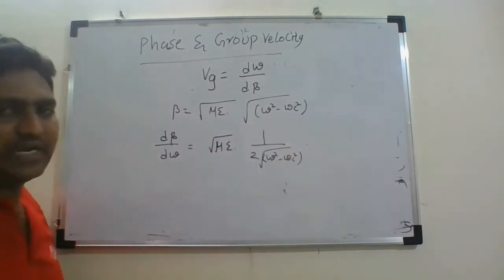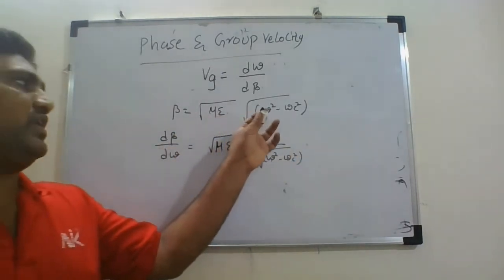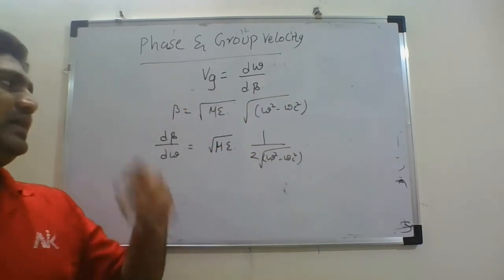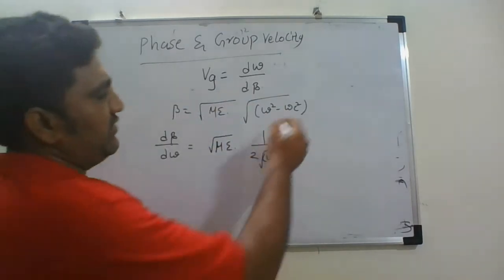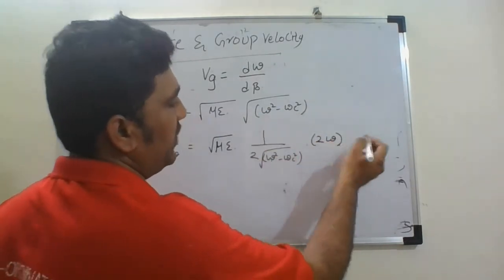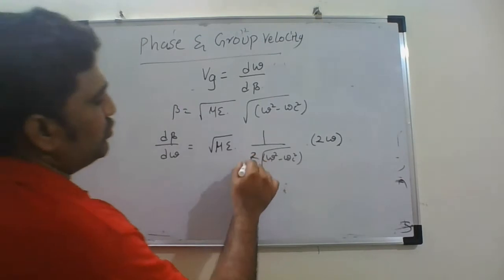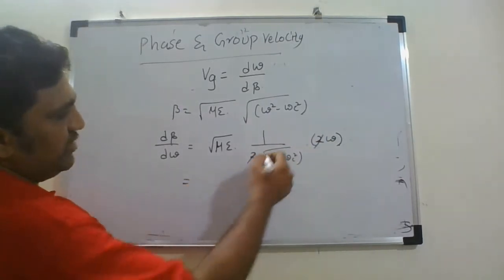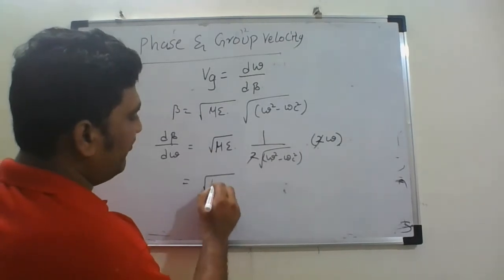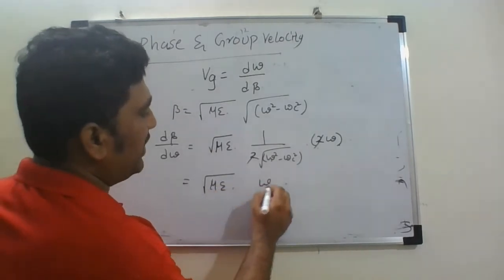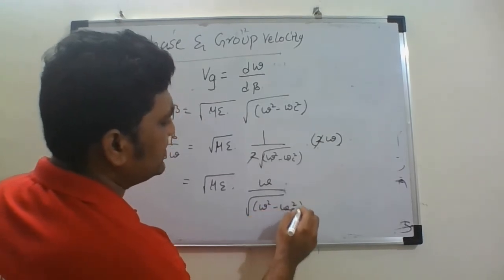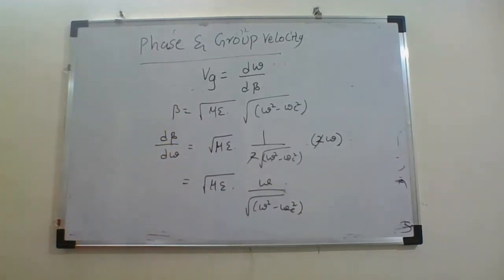Omega c is a constant, since we are differentiating only with respect to omega, so that term becomes 0. The differentiation of omega square is 2 omega, so the 2 gets cancelled. So this is equal to root of mu epsilon into omega by root of omega square minus omega c square. This is what I get, isn't it?